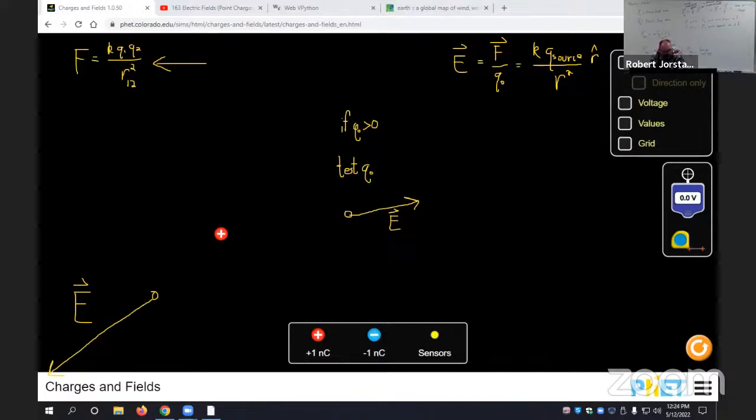And just so you can see this maybe a little bit neater, let me clear off some of this junk. And now we can actually use the simulation. This sensor that I'm going to put out here is like a test charge. When I put it here, we pretend that this yellow sensor is a positive charge.